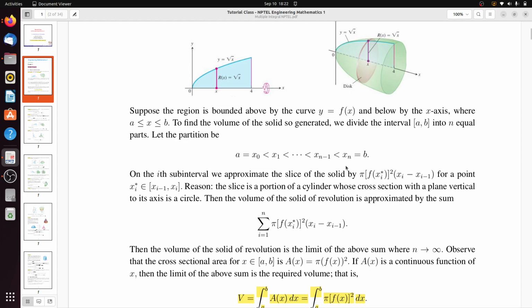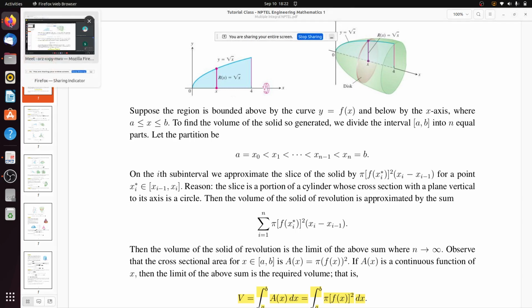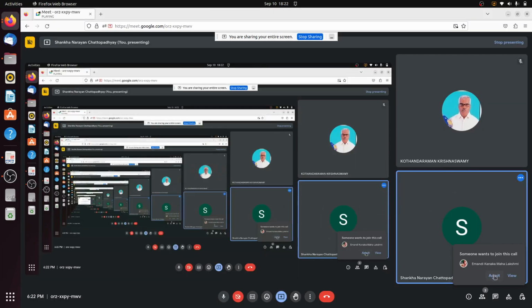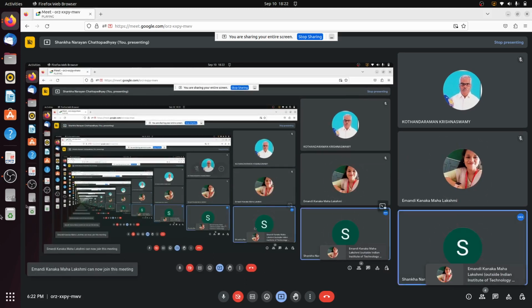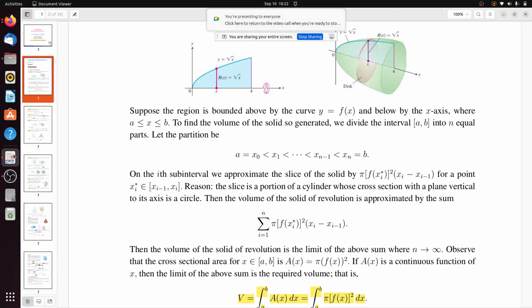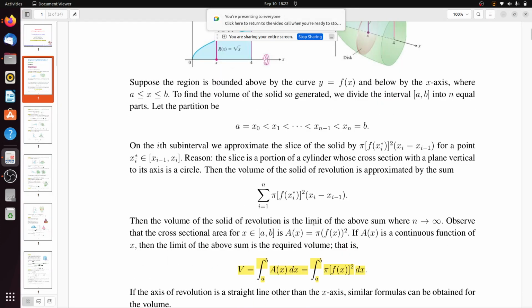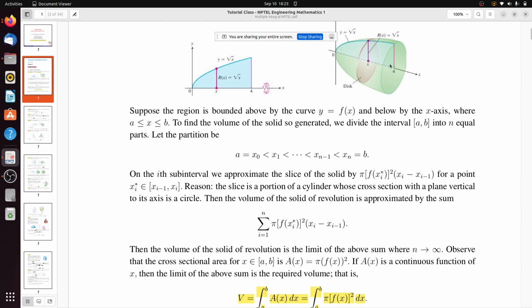So the volume of the solid of revolution is approximated by this sum. You just take the summation from i equal to 1 to n. So what we are doing here is determining all such disks possible from 0 to 4, say from a to b.